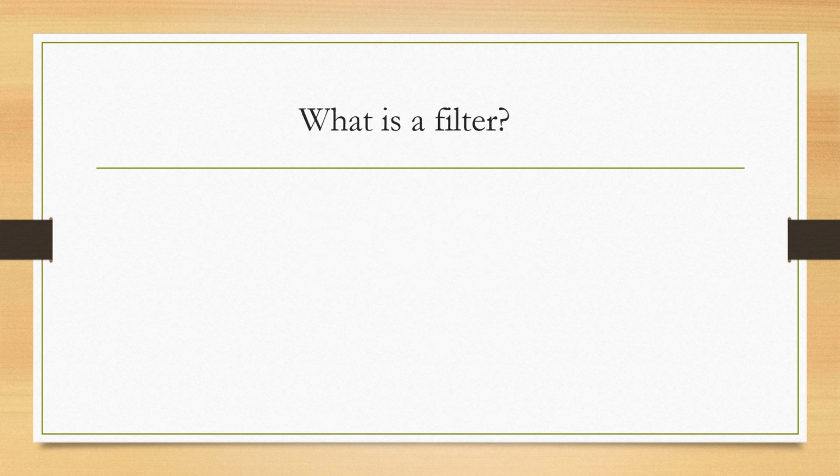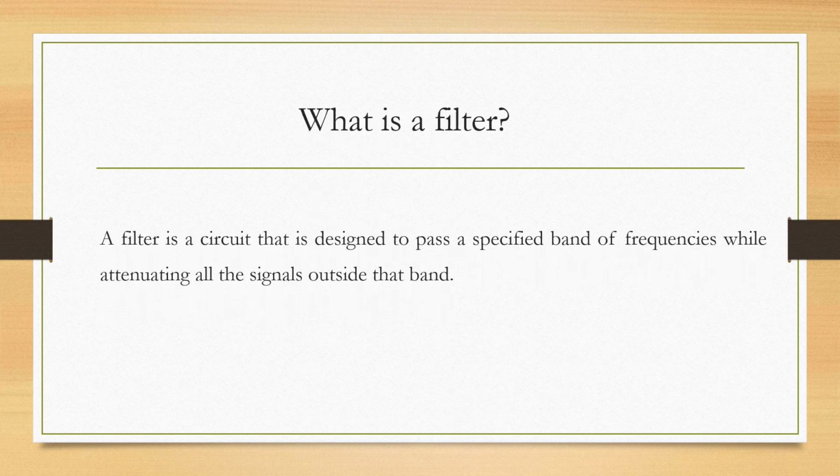What is a filter? As the simple definition indicates, a filter is a circuit that is designed to pass a specified band of frequencies while attenuating all the signals outside that band. In simpler terms, a filter allows signals having a certain amount of frequency to be selected, and other frequencies are blocked.